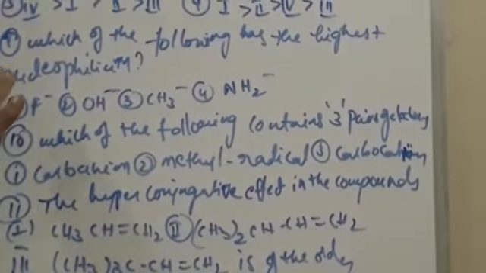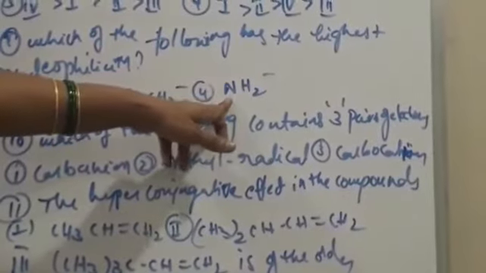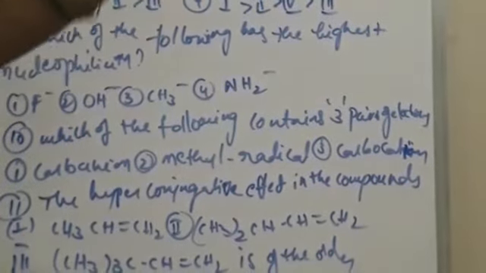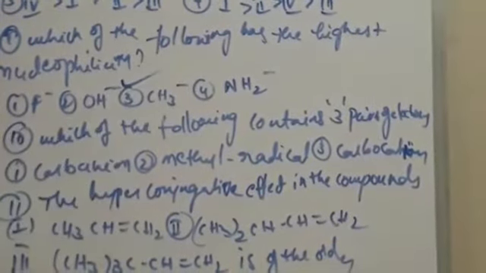So from left to right: the 4th group, 5th (nitrogen belongs to 5th), 6th, 7th group. So from left to right, nucleophilicity gradually decreases. That's why CH3 minus shows the highest nucleophilicity. Nucleophilicity means the reactivity of a nucleophile.